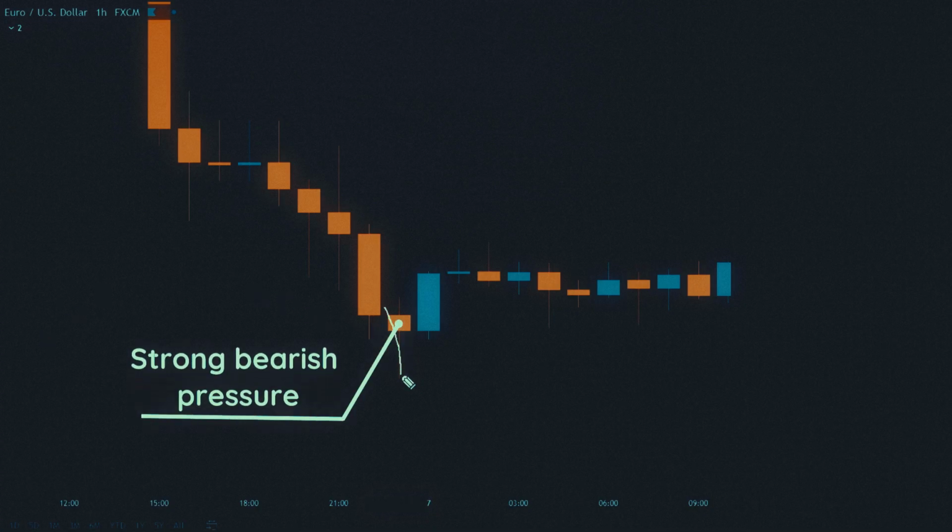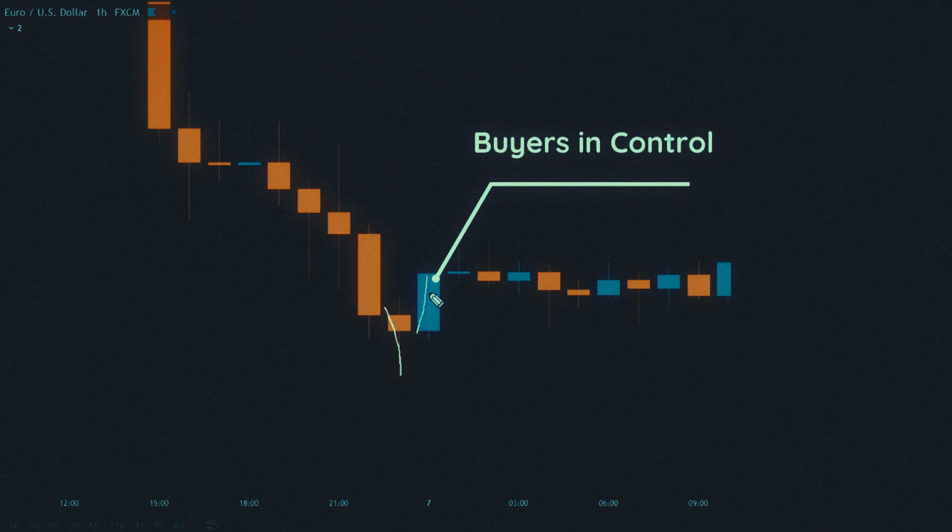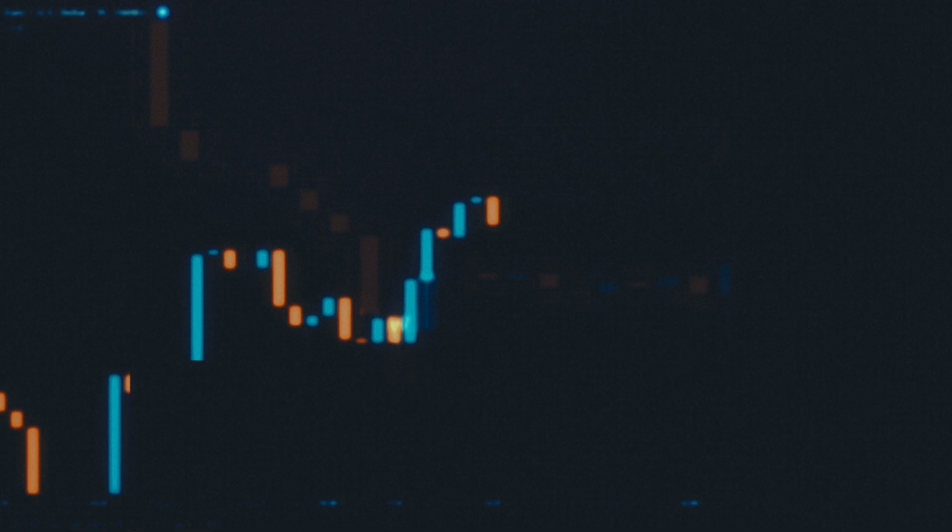Imagine this literally like a giant neon arrow on your chart, pointing directly to a shift in momentum. Bullish candlestick formations, well, they're simply visual clues. They show you exactly where these highly profitable pivot points are most likely going to happen within an uptrend. So the absolute crucial takeaway here is that we aren't just looking for patterns blindly, we're looking for patterns that specifically confirm a pivot in the direction of the overall trend.